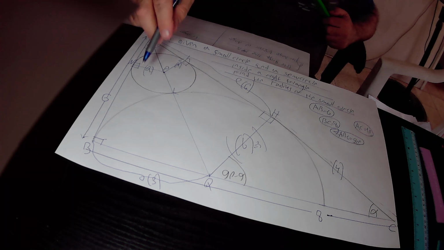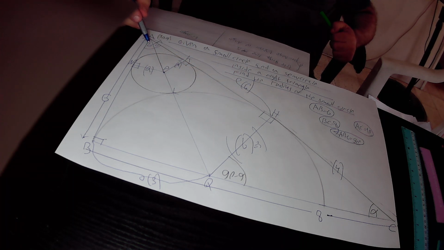So in the right triangle ABQ, this is angle theta. Again, in the right triangle ABQ, this is angle theta.